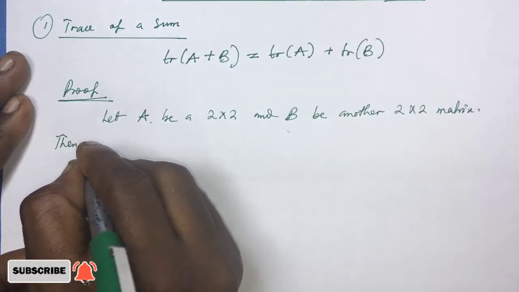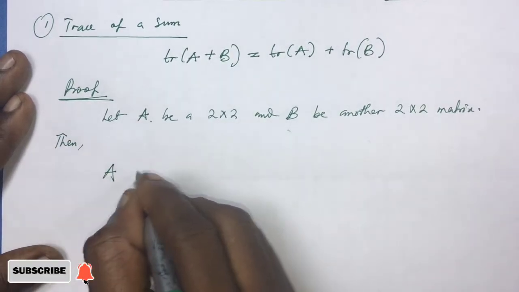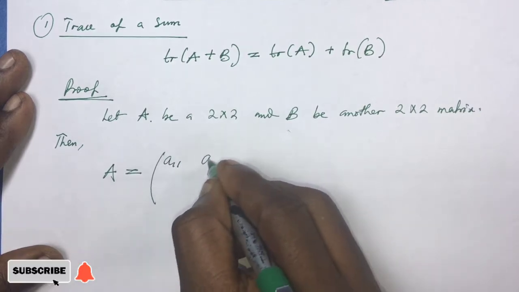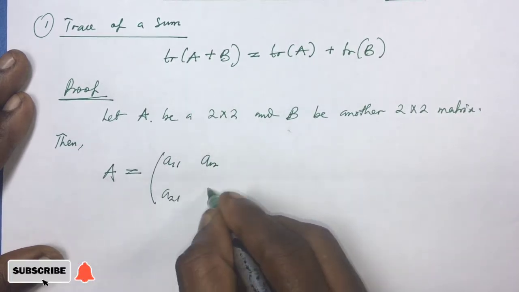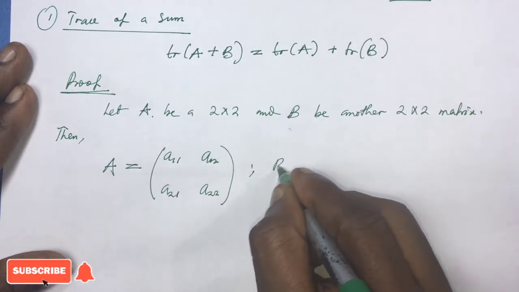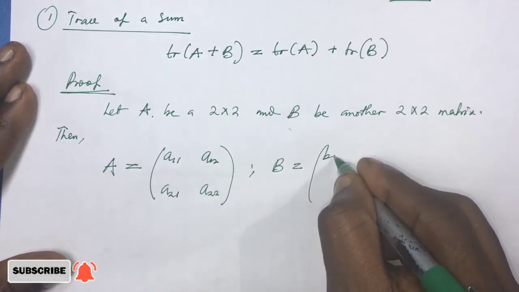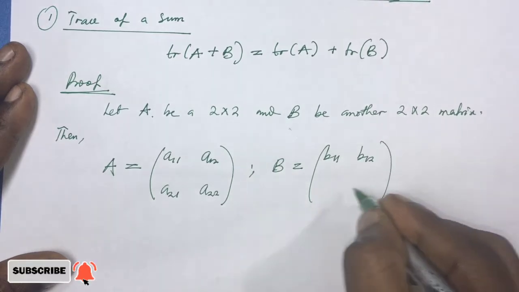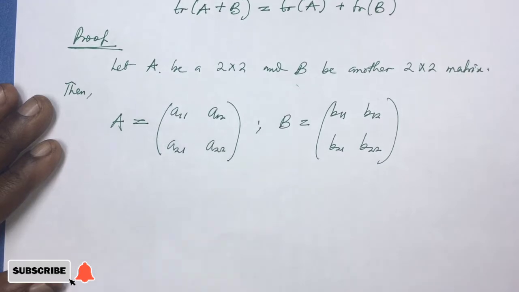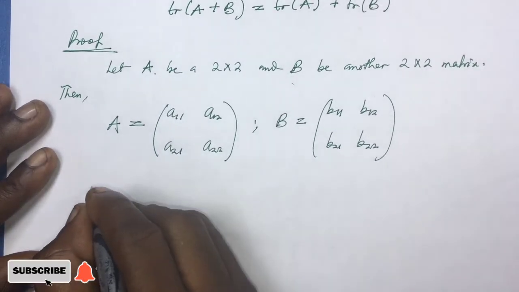Then note that A will be equal to A11, A12, A21, A22 by what I had explained earlier on. And B can be written as B11, B12, B21, and B22. Now, what by our definition of trace will be the trace of A?